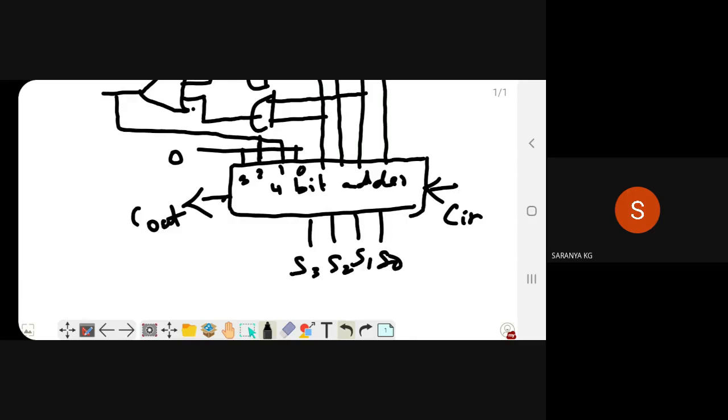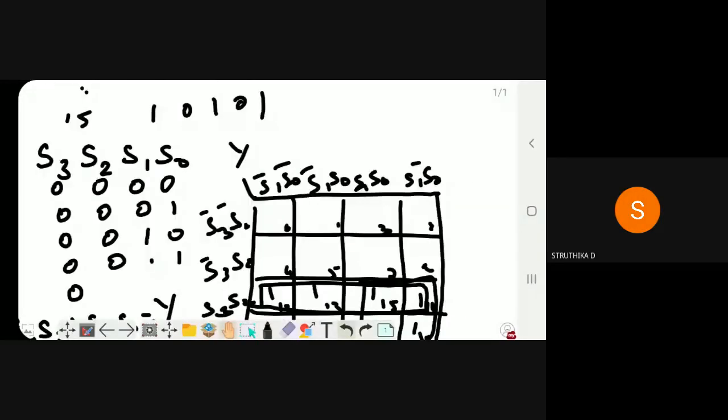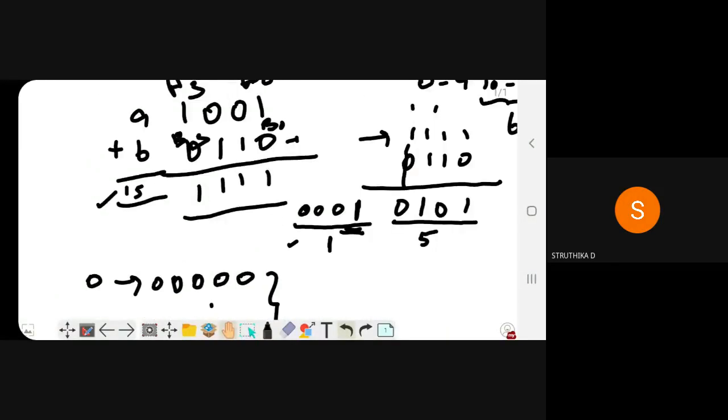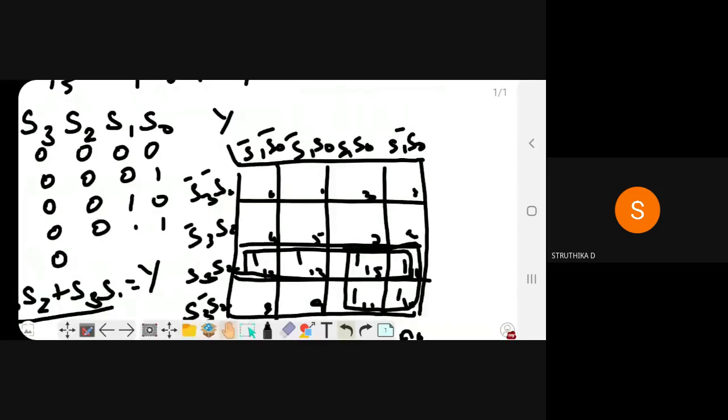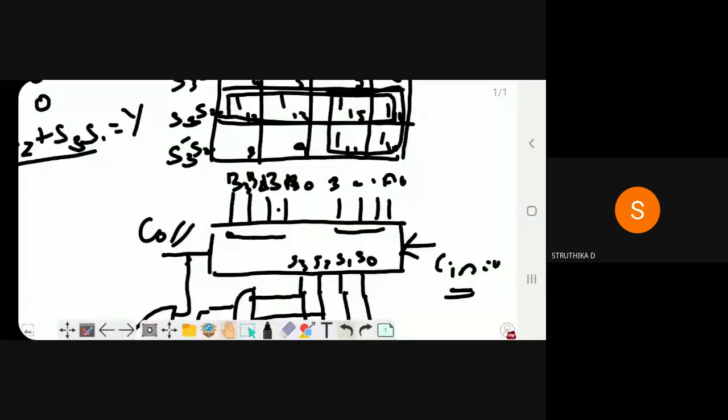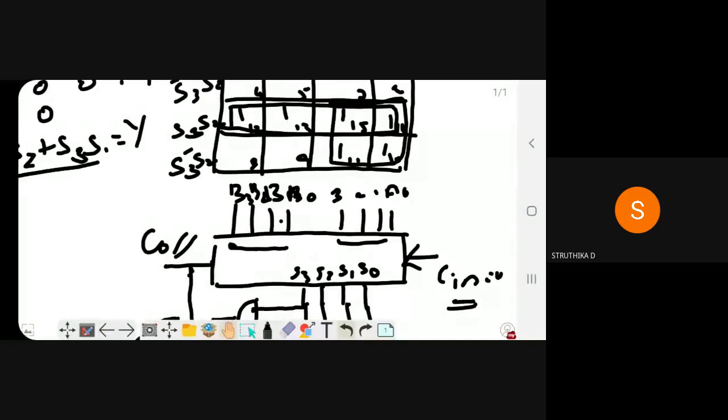So what I'm going to do is apply the values which we did manually. What values did we add? We have added 9 and 6. So here you want to give 9, 1 0 0 1.